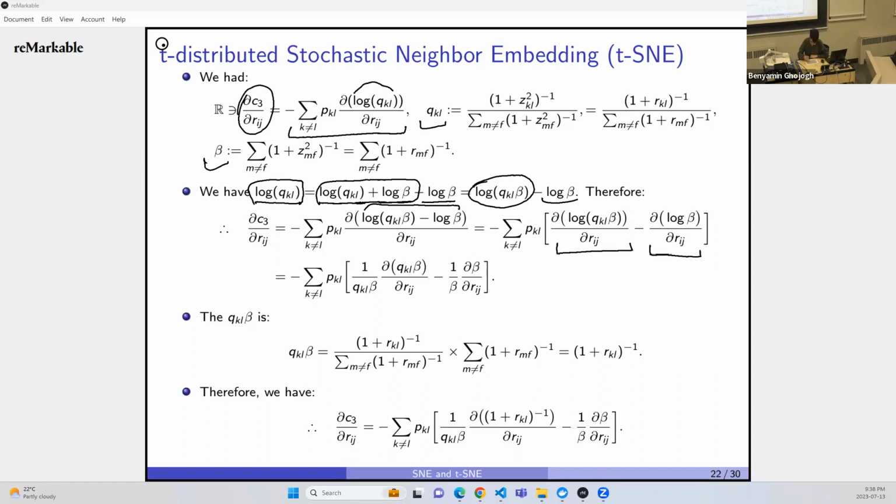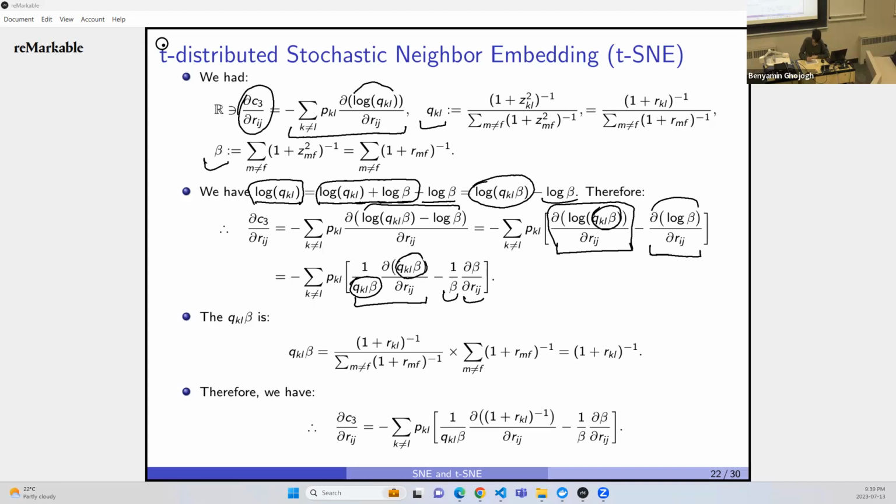What is this? The first term, derivative of logarithm. The formula for the derivative of logarithm is this. This is the argument of the logarithm, 1 over the argument of the logarithm. Then the chain rule, the derivative of the argument of the logarithm with respect to Rij. What is this again? The derivative of logarithm. It's this, right? Okay.